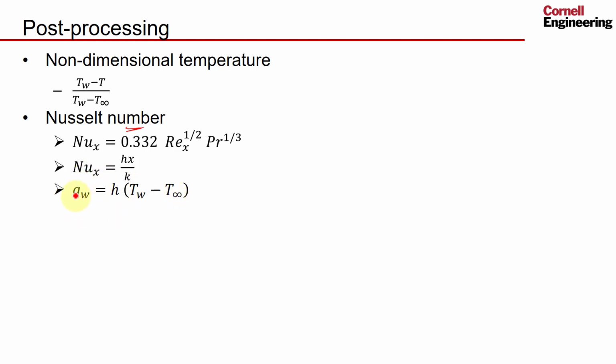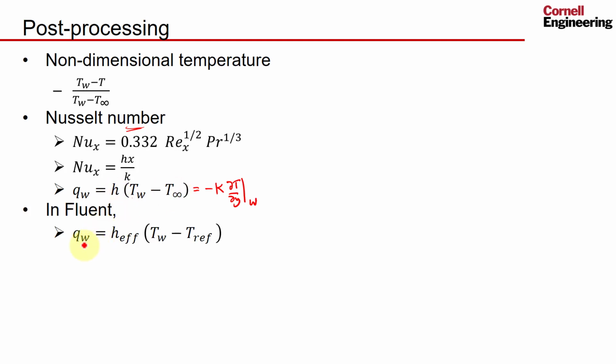In this case, QW is going to be minus K dT/dy at the wall, using Fourier's law. Since we now have the temperature variation, Fluent knows that, and K is a constant, so it can calculate QW, and it knows the wall temperature as well as the free stream temperature, so it can calculate H.